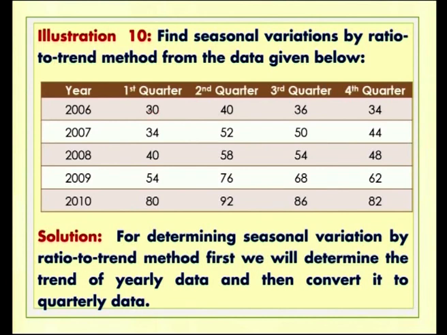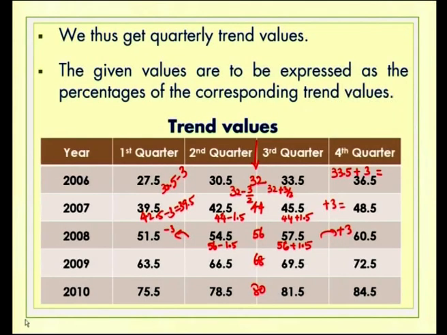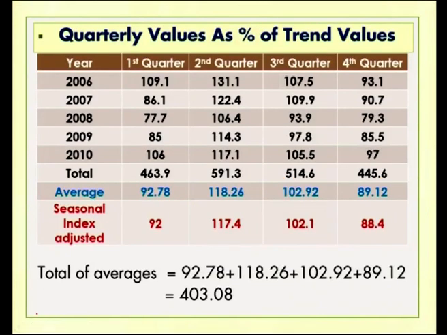So, this 109.1 is obtained as the question value 30 divided by 27.5 into 100. This gives you 109.1.